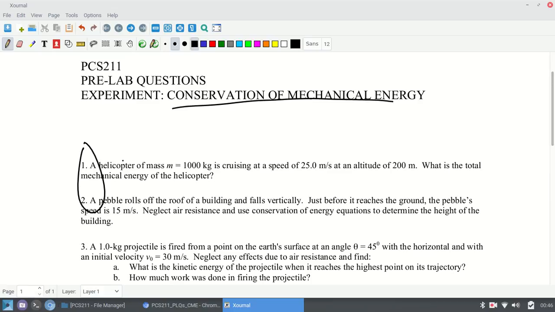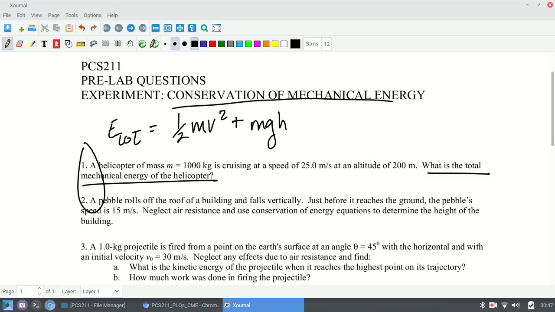So number 1, let's do this. What is the total mechanical energy of the helicopter provided it has this mass? It's cruising at constant speed at an altitude of 200 meters. To get the total mechanical energy, total E, you have to do half mv squared plus mgh.